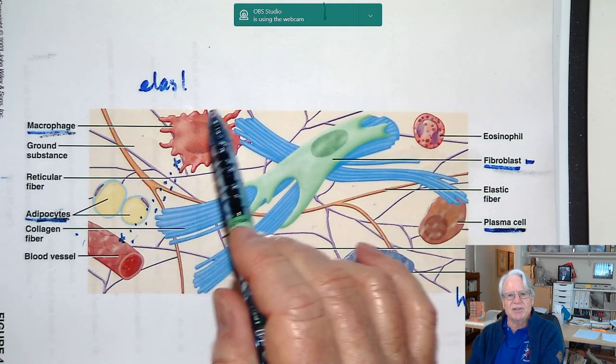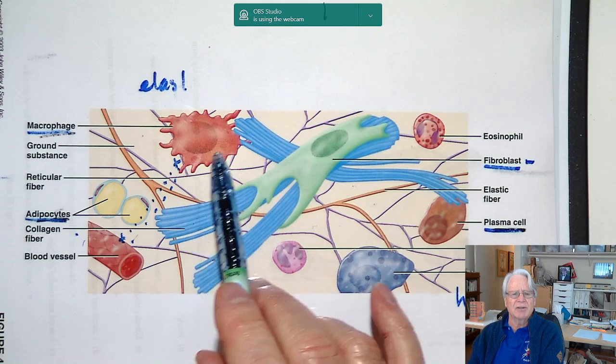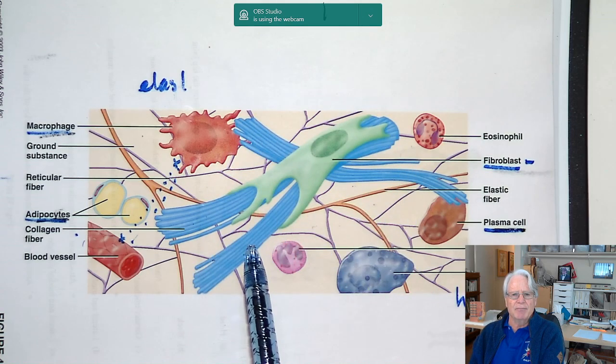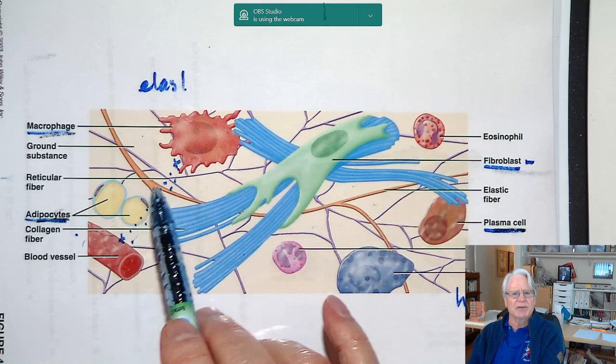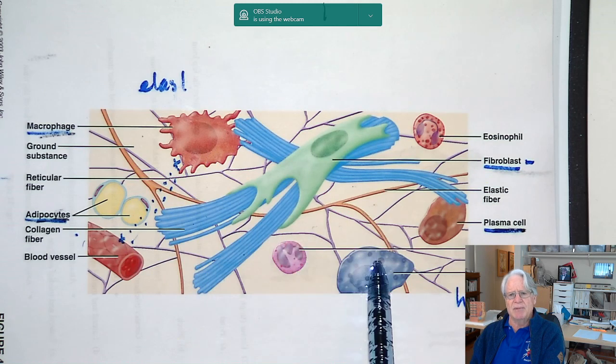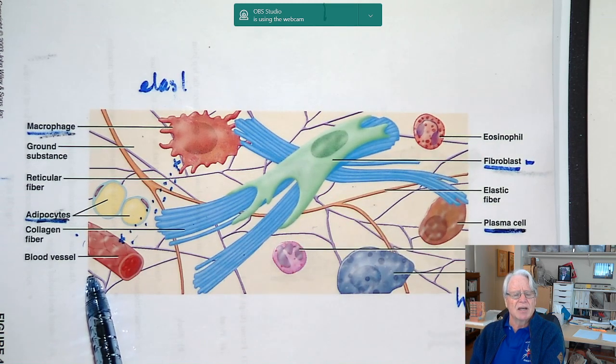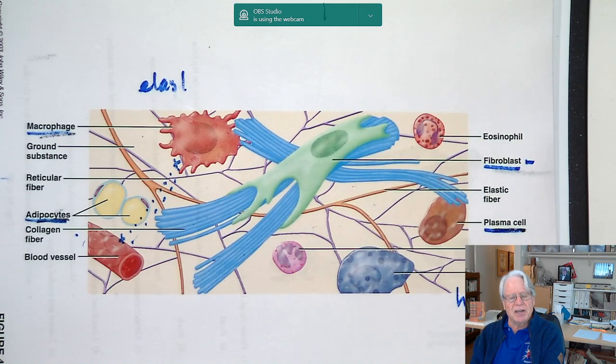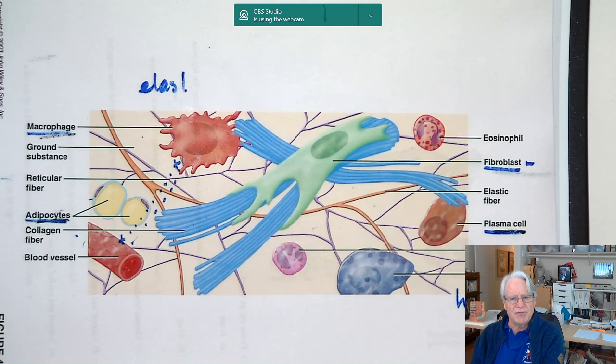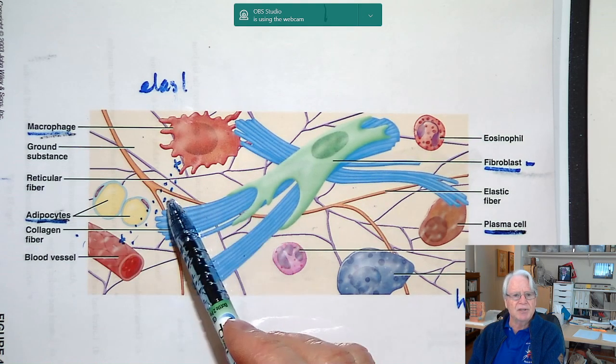And notice that they're all scattered about. They're not closely packed together. We'll go in later on and describe the different types of cells and what their function is. And then there's the extracellular matrix, which remember is composed of 2 parts, fibers and a ground substance. And you can see the fibers here.